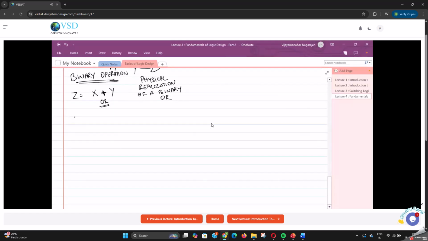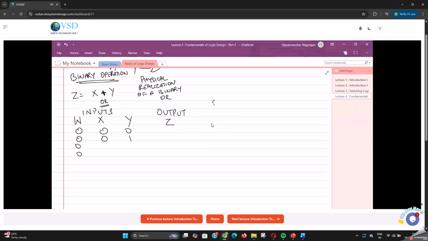Similarly, let us look at 3 inputs for the sake of argument. Suppose I have W, X, Y as inputs. What will be my output? How many possibilities will be there? There are 3 variables, each can take 2 different values.